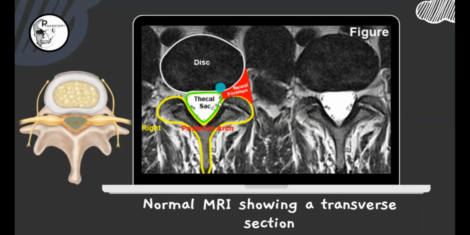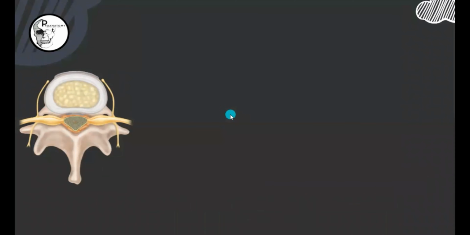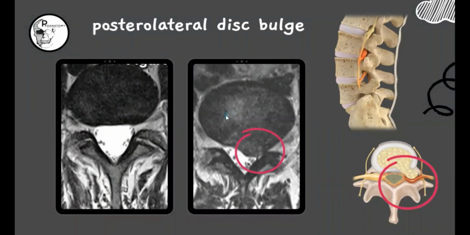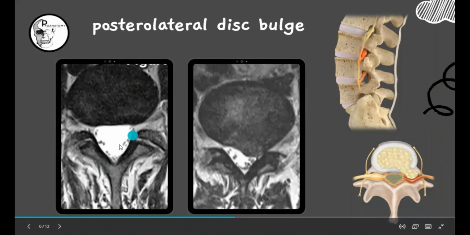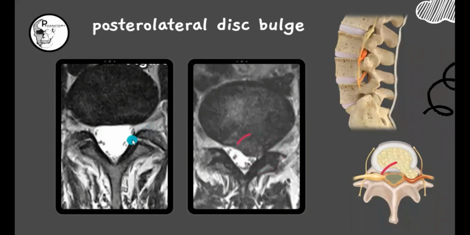Let's discuss what a posterolateral disc bulge is and how it affects the exiting nerve root. On the left side, the MRI finding shows a normal spinal nerve root exiting through the neural foramina, while on the right side, you can clearly see a posterolateral disc bulge, a prolapsed disc, that is narrowing the spinal canal as well as the neural foramina.